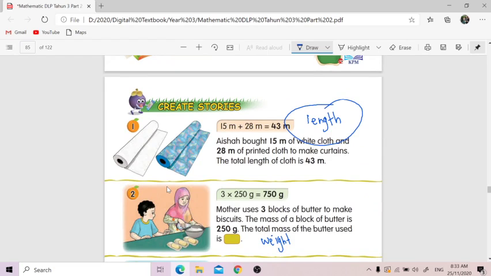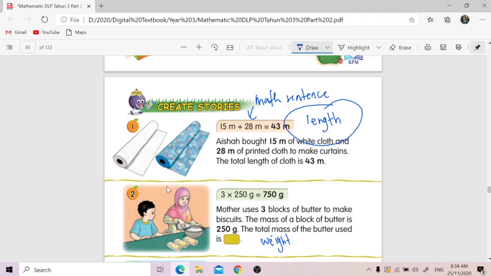Next, when we want to create stories, we look at the mathematics sentence. The math sentence just tells you in numbers what you are going to do.